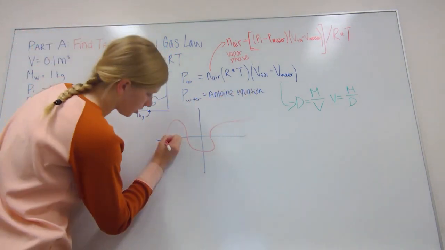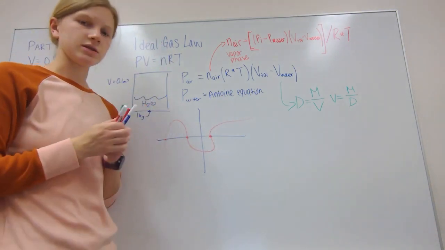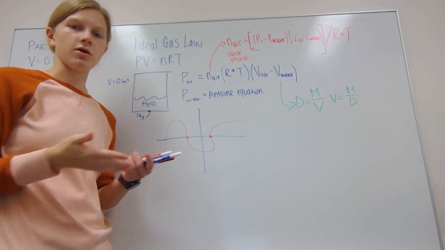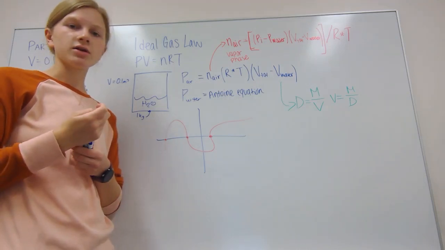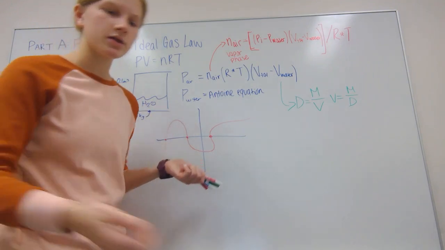The roots are where it crosses the x-axis. So this is when the function goes to 0. Essentially, it's just a solution of the function that you can calculate. So it's a means for solving an equation, and we're going to do that in Colab.